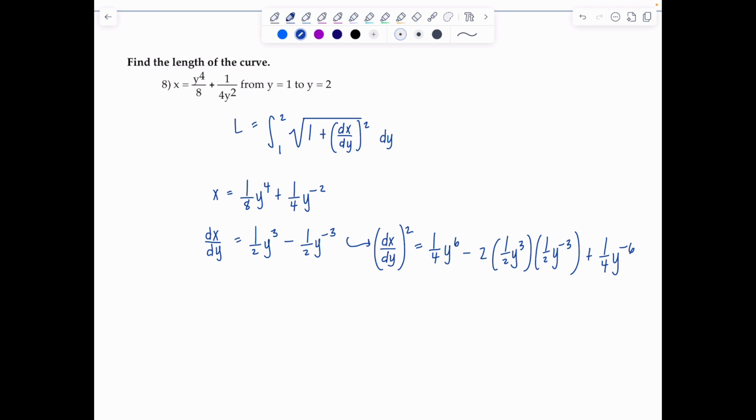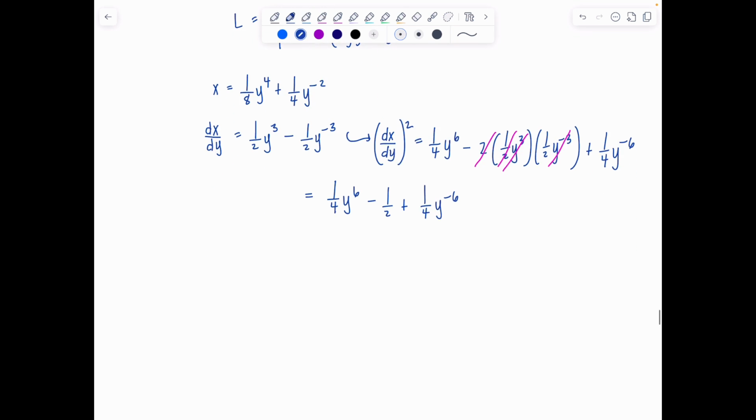So if we clean this up, it's 1/4 y to the 6th. These cancel, so I just have minus 1/2 in the middle, plus 1/4 y to the negative 6th. Good.